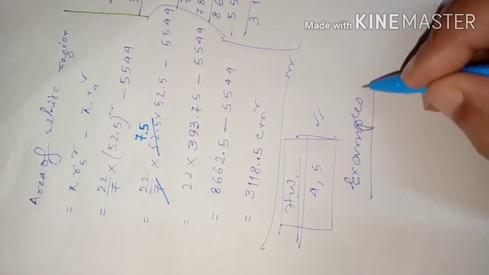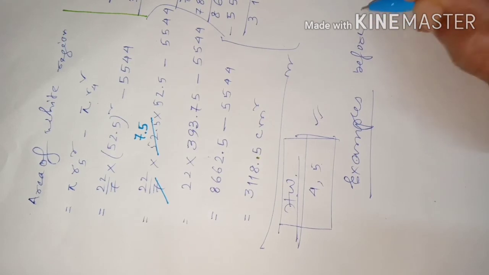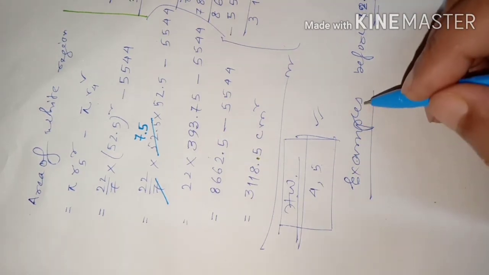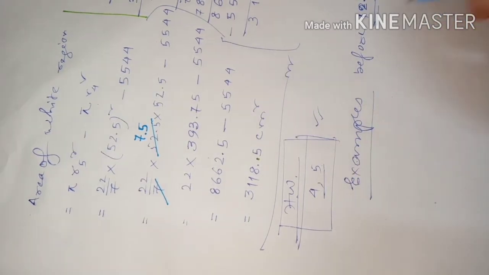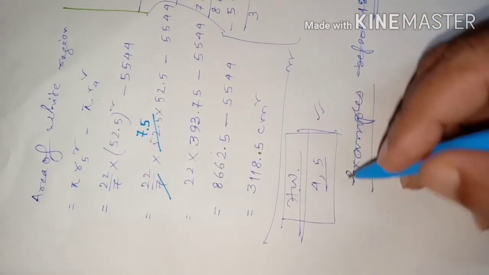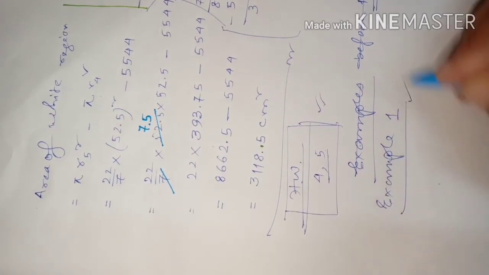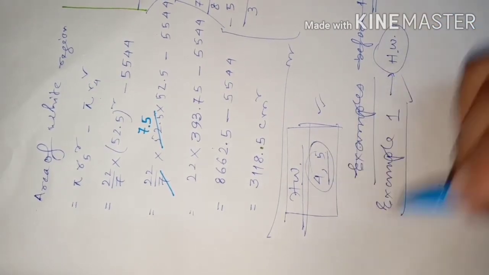Examples before this exercise 12.1, in the textbook some examples are given. Here only one example is there, that example 1, and then exercise questions 4 and 5. This will be homework. 3 questions are homework today: example 1, and question number 4 and 5 from 12.1.